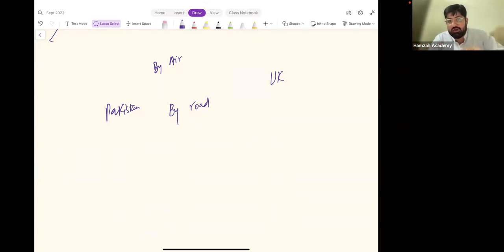People used to travel by this road before this so-called modern era. Now we have problems at each border, but before, people used to travel even by bus from Pakistan to the UK. Yes, good old times. Then there is by sea, ship.